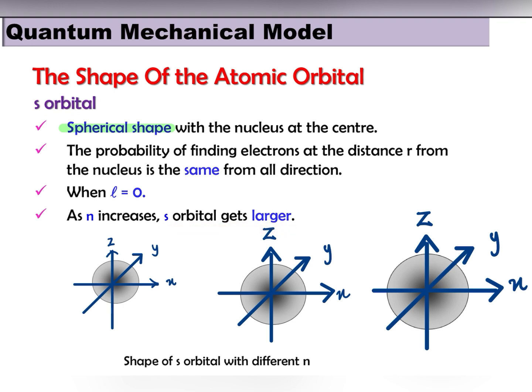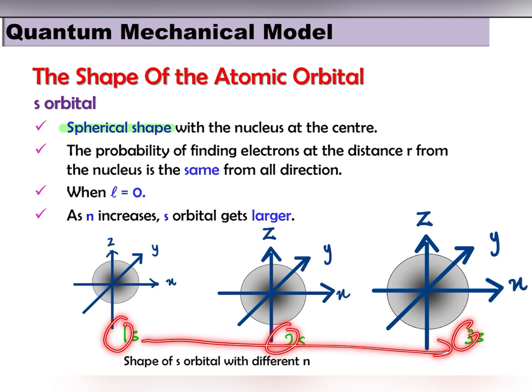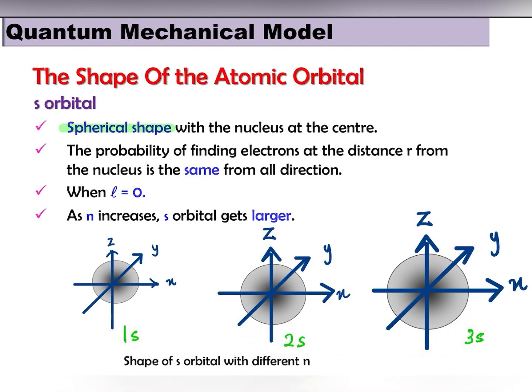So you can see here, ini adalah contoh the lower energy level. So this one, let's say ini adalah 1 S orbital. So ini adalah 2 S orbital. This one is 3 S orbital. Okay, so as the value of N increase from 1, 2, and 3, the size of the orbital will get larger.